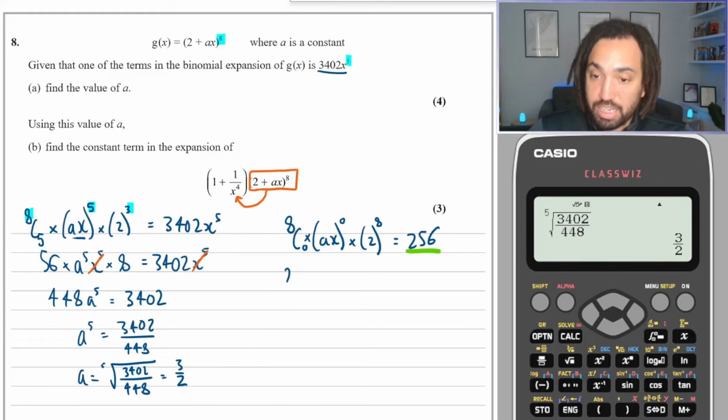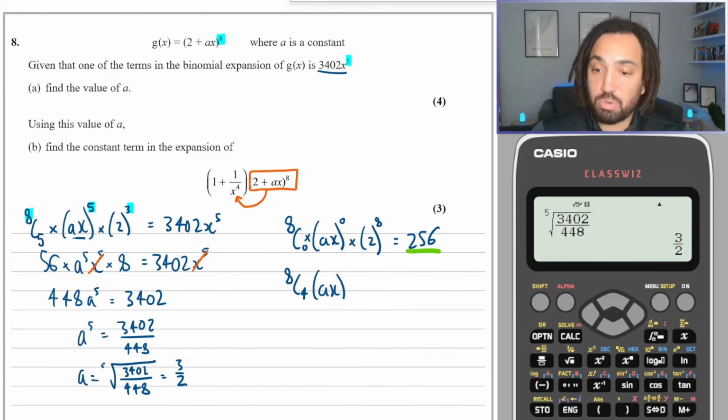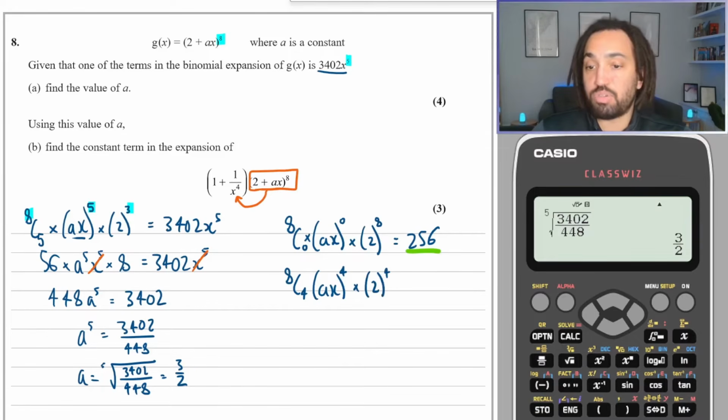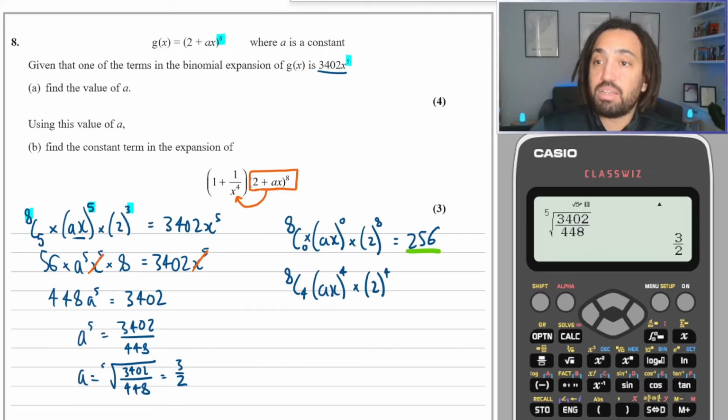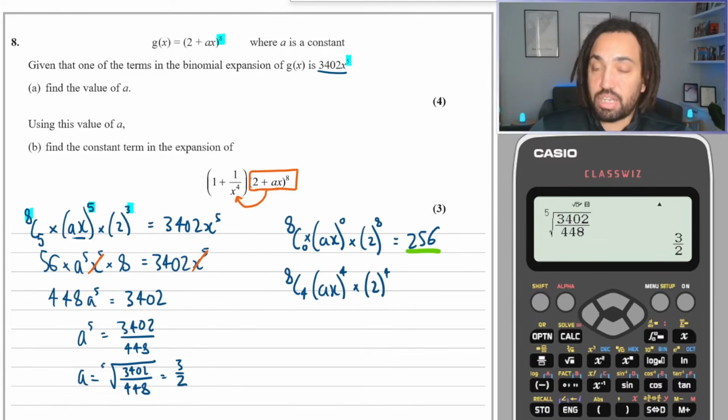So I need to find the term that comes out of that orange bracket which has an x to the 4 power. So that will be using 8 choose 4, because the x term will be to the power 4, and that will mean the 2 will be raised to the power 4 as well, so that 4 and 4 make 8. Okay, I know what a is. It's 3 over 2.